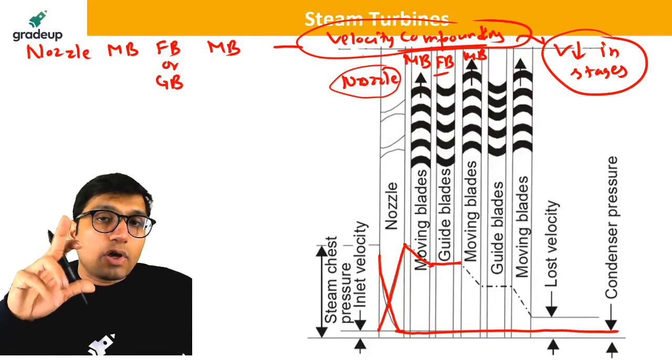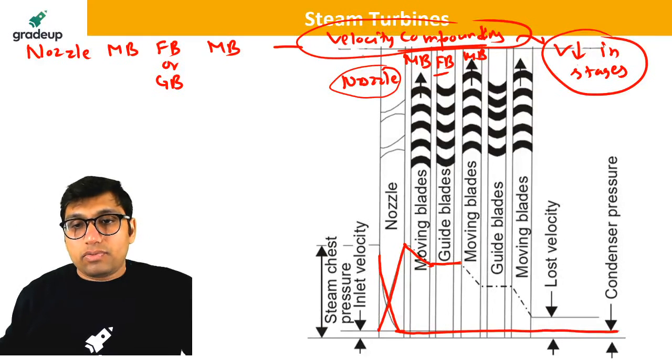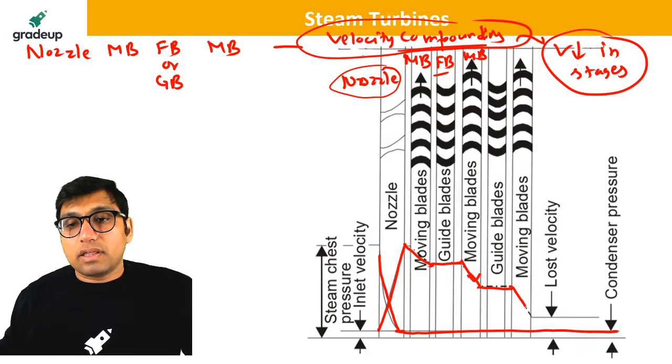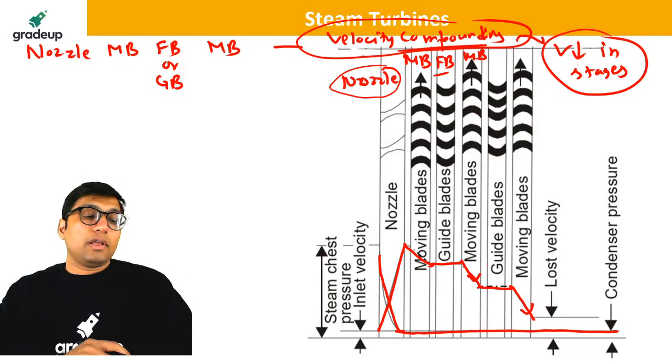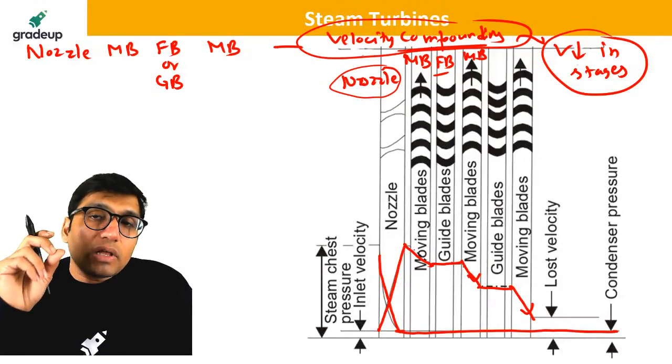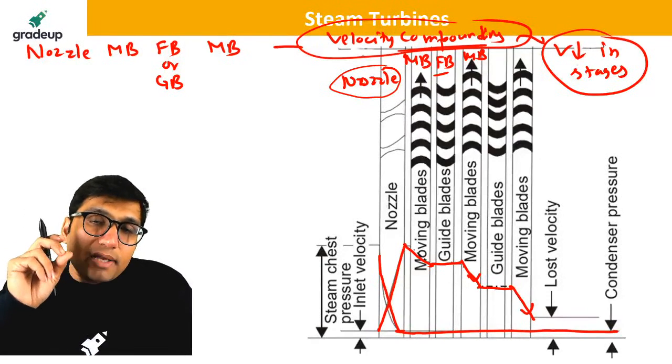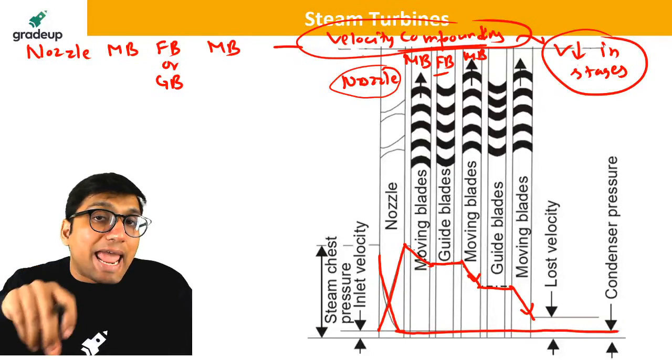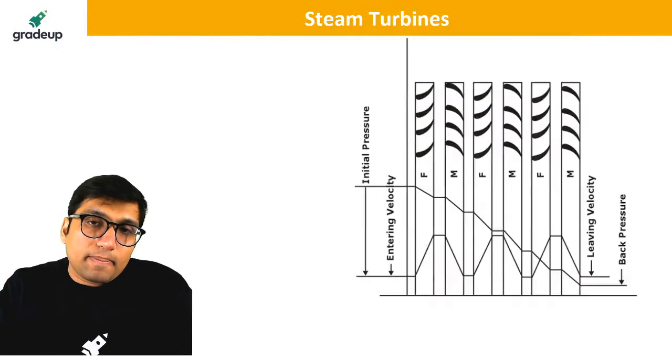In the moving blade, velocity will reduce; in the guide blade it will be constant. This is what happens in velocity compounding. Velocity compounding is done to reduce the velocity in stages, while pressure compounding is done to reduce the pressure and velocity in stages.